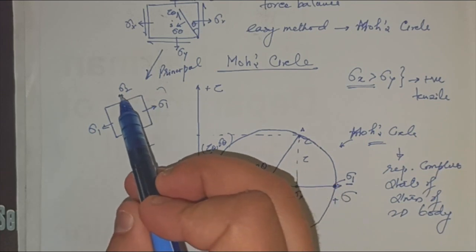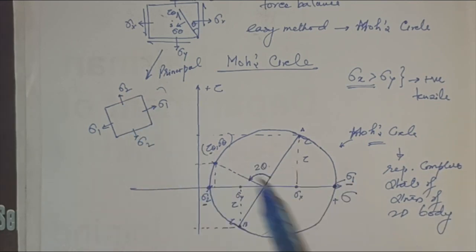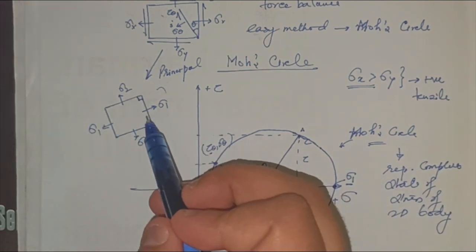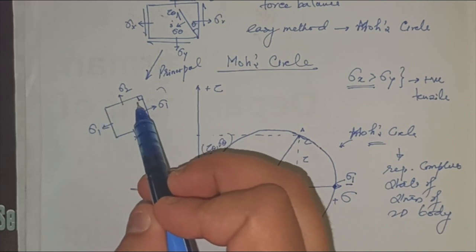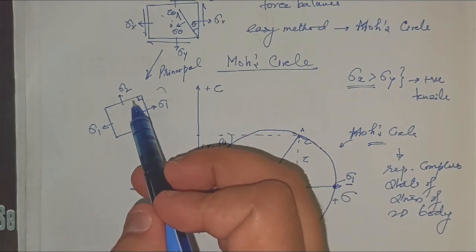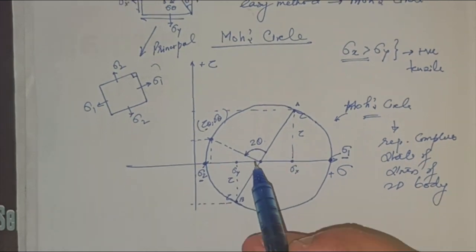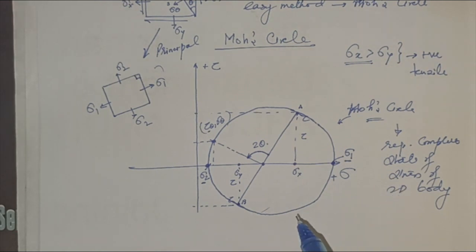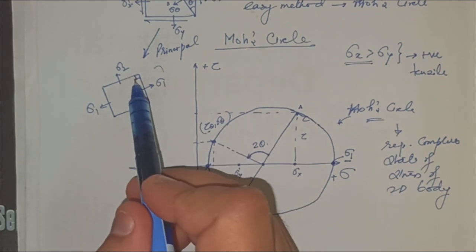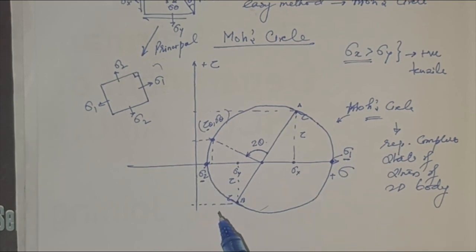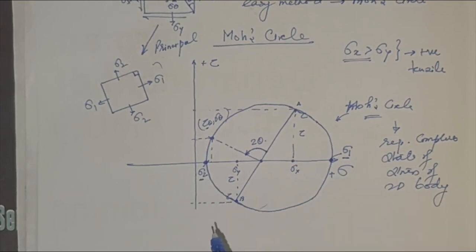Sigma 1 is maximum and sigma 2 is minimum, and the two planes are oriented 90 degrees apart in the element. Since the Mohr circle is represented in a circular fashion, the orientation is doubled, so the difference between the two planes becomes 180 degrees. That's the major reason for the difference.